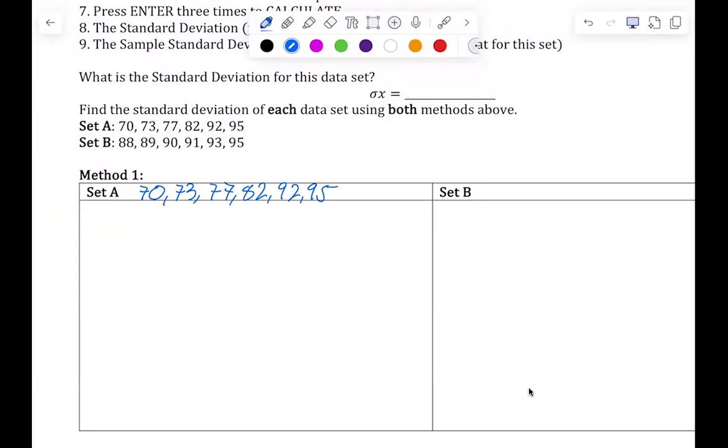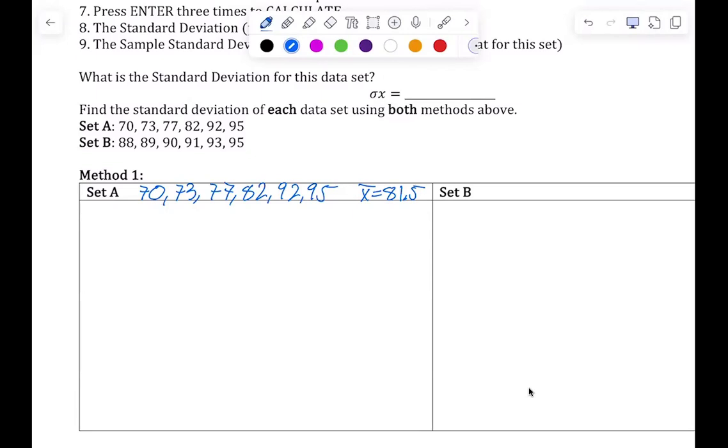First step was find the mean or the average. So let's go ahead and do that. Everyone should be doing this on their own. What is our mean or average? 81.5.